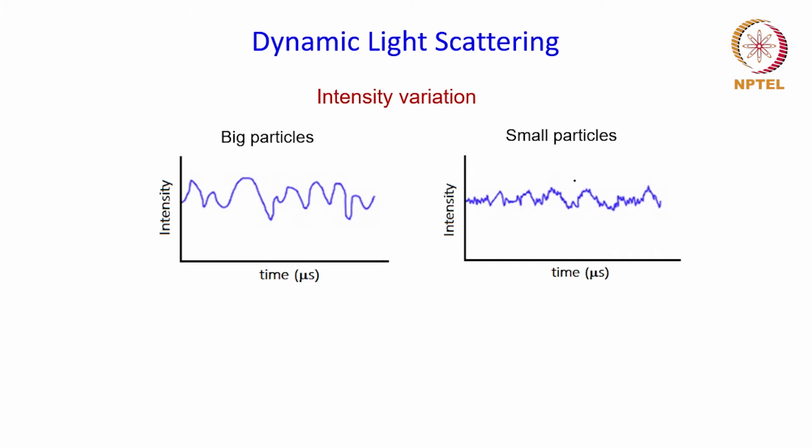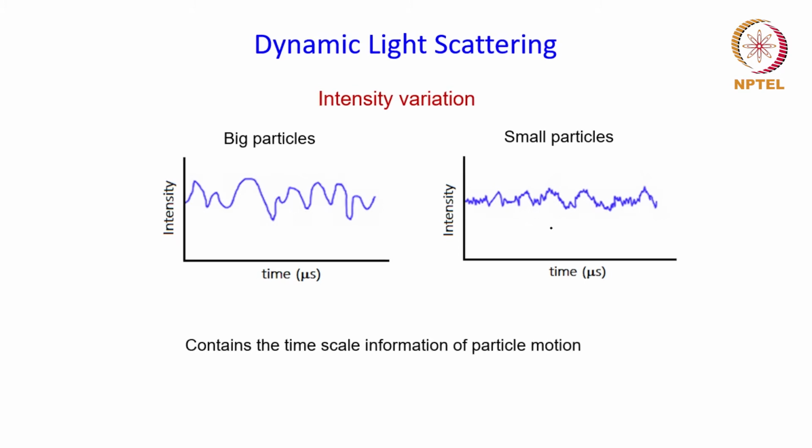And you can also realize by now the fact that these intensity fluctuations contain the time scale information of the particle motion. Okay. And from this information, we can actually derive the translational diffusion coefficient and then use it in the Stokes-Einstein equation to derive the particle size. Okay. So that is the idea behind this technique, to capture this intensity variation and use it to derive the particle size.